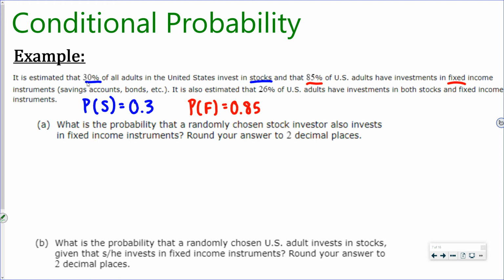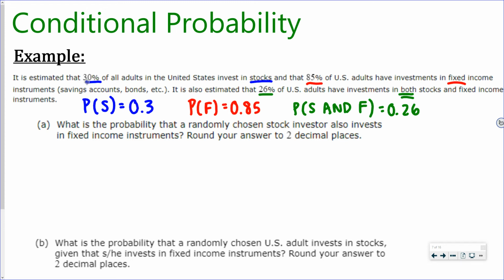And the probability that they have both, so stocks and a fixed income, is 0.26. Okay, so two questions here you need to answer. A says, what is the probability that a randomly chosen stock investor also invests in fixed income instruments?